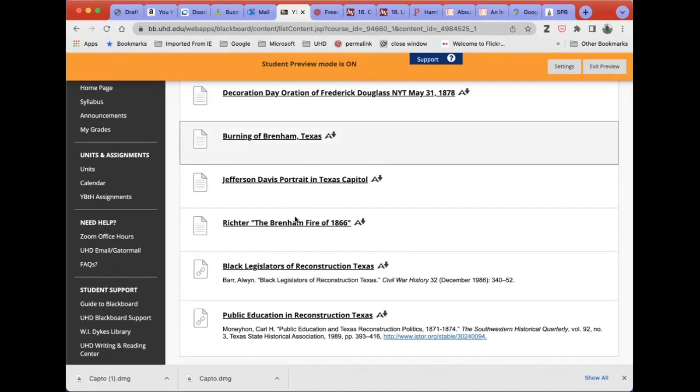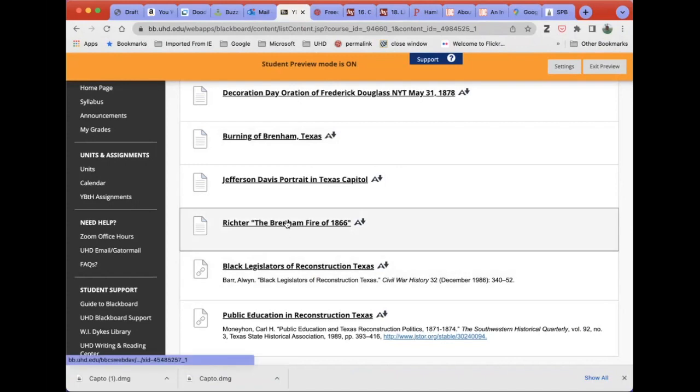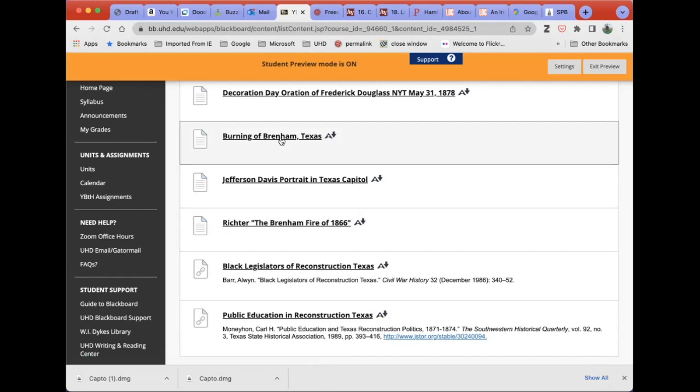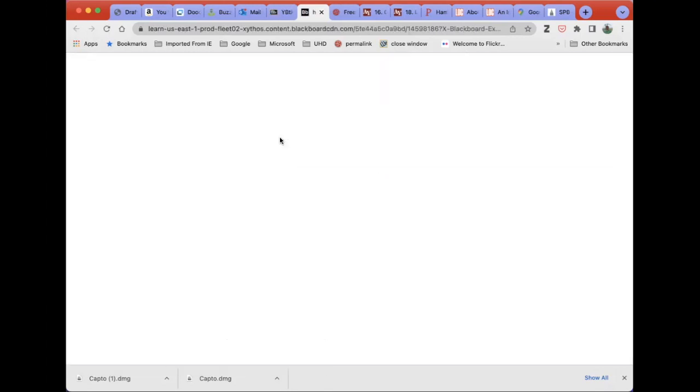And Walter Richter looks into this unresolved issue of who set the Brenham fire in 1866. You're going to get background of this investigation, but you're also going to have access to the investigation itself.